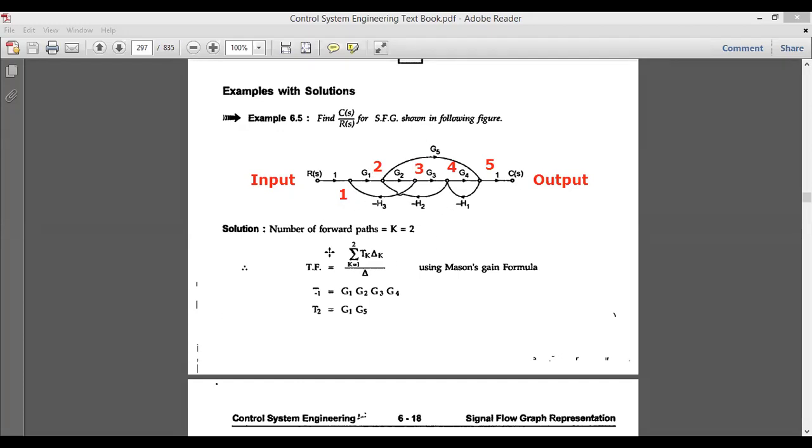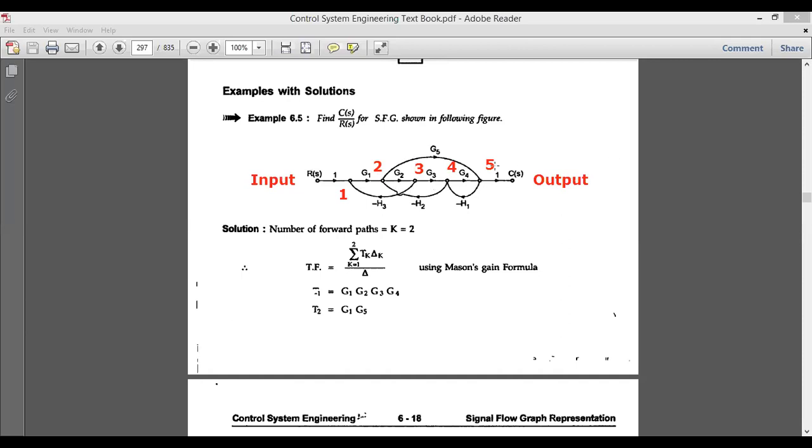The next step is to find the forward paths, by the definition of a forward path: a path should start at one point and end at another point. The tracing of the first forward path starts from the R of S node, point number 1, point number 2, point 3, point 4, point 5 and C of S. In a signal flow graph, the straight line represents your first forward path.